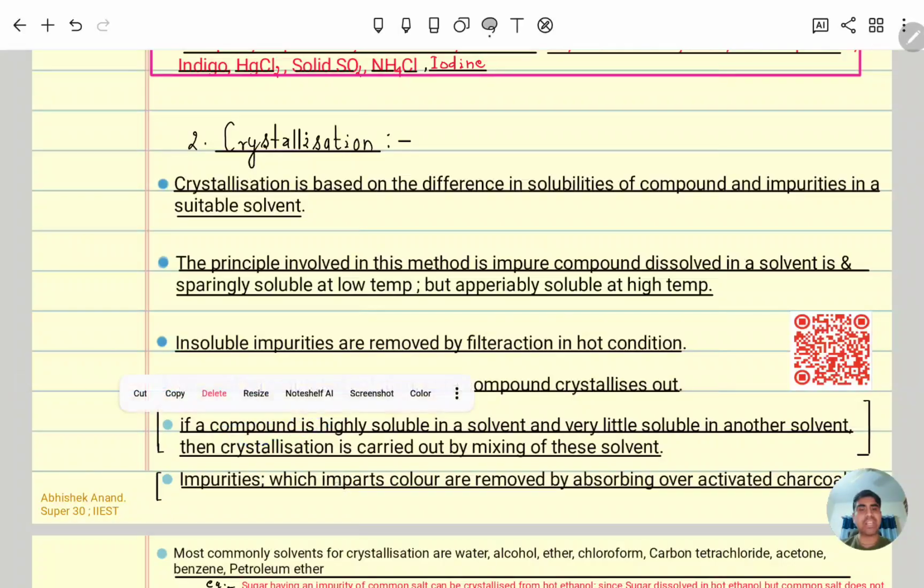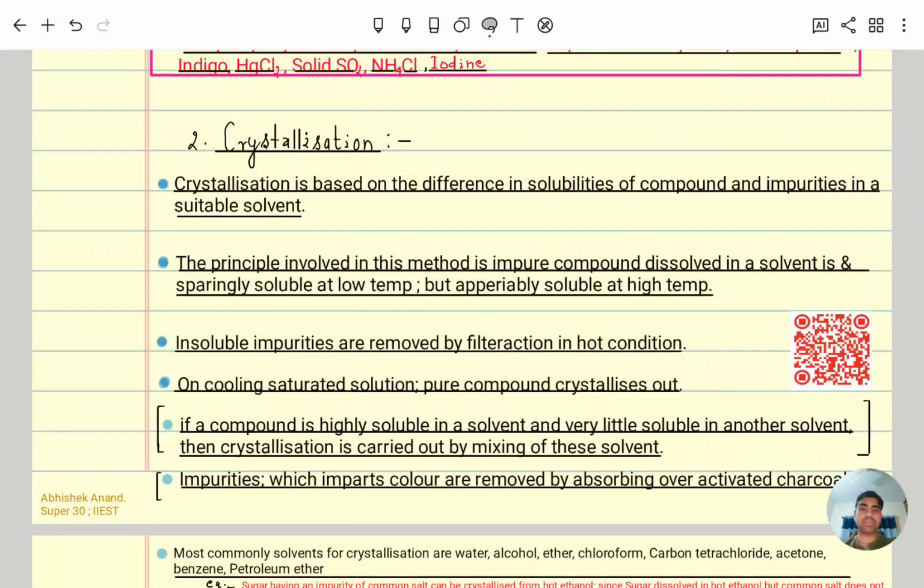If compounds are highly soluble in one solvent and very little soluble in another solvent, then, for example, if the organic compound with impurities is unable to dissolve in a particular solvent, or is very little soluble, then crystallization cannot be carried out properly. And if it is highly soluble, some amount of impurities will also dissolve in it.